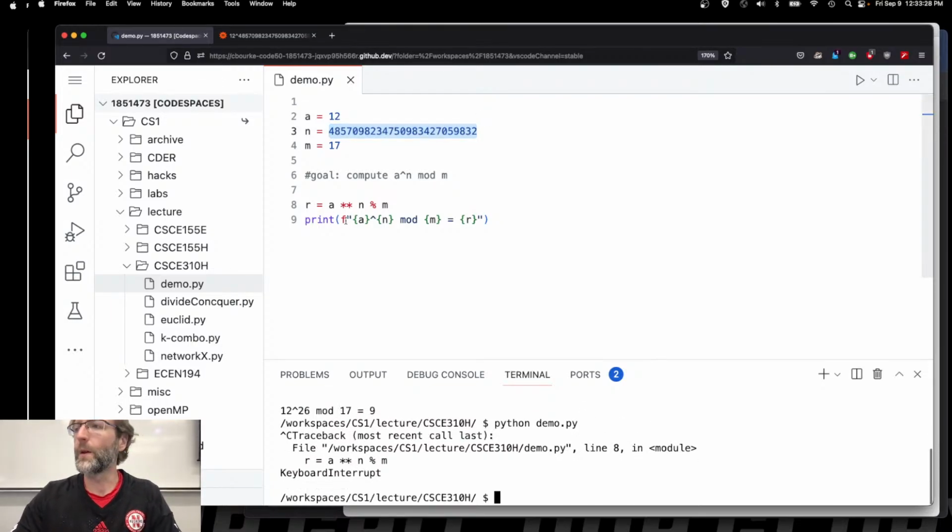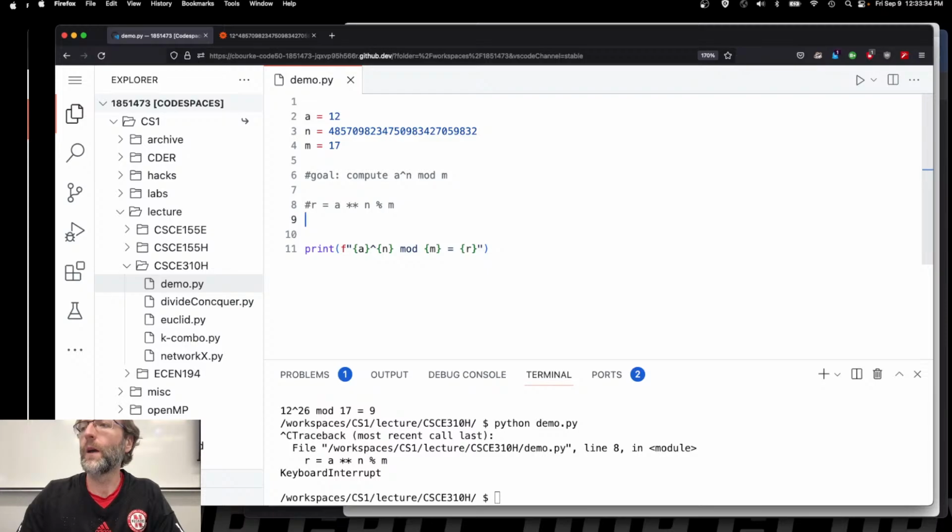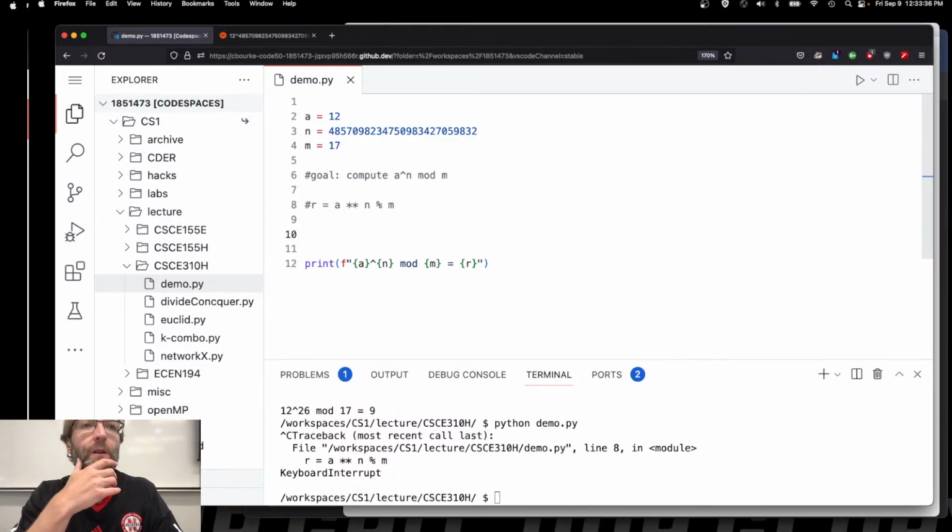So what's the problem here? This is not going to work. Let me show you another way of doing this, basically what Python is probably doing under the hood. When Python stores that kind of large number, I'm sure maybe it's using GMP under the hood. At the end of the day, what is the interpreter written in?